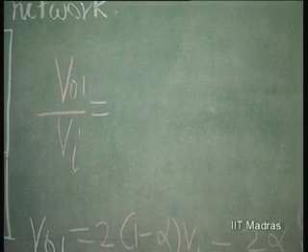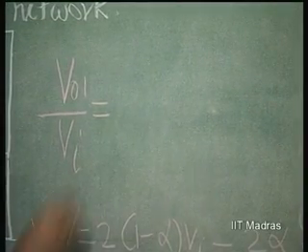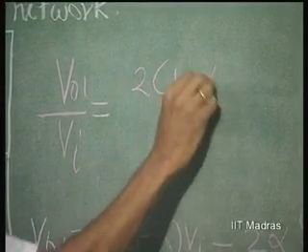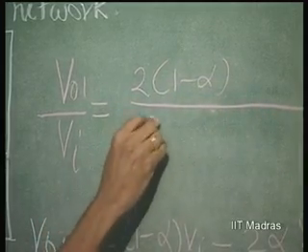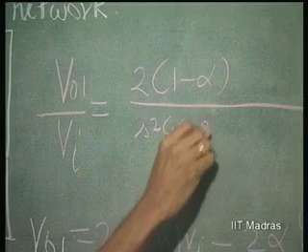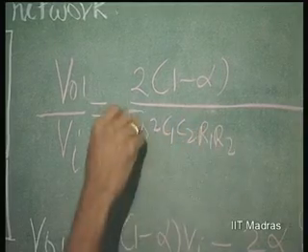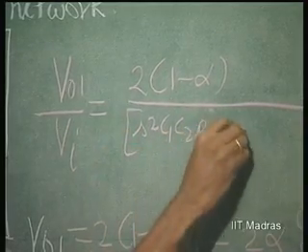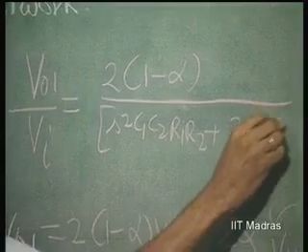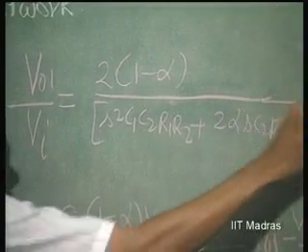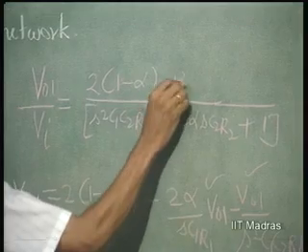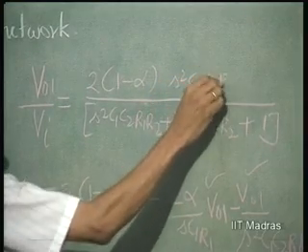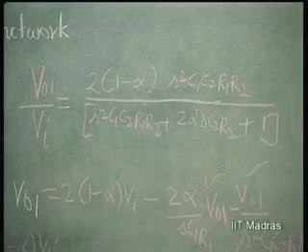V naught 1 over V I is equal to 2 into 1 minus alpha divided by S squared C 1 C 2 R 1 R 2 plus 2 alpha S C 2 R 2 plus 1, into S squared C 1 C 2 R 1 R 2.